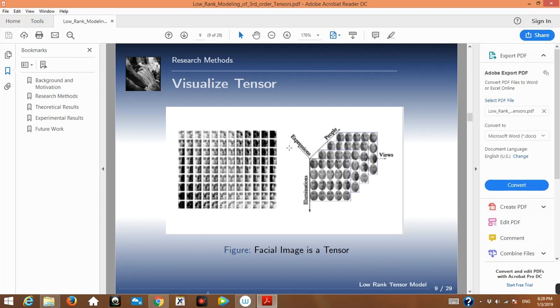And for facial images, because they have several features, for example, one feature is expressions, one is people, one is illuminations, and one is views. So it's better to store this facial image data as a 3-dimensional tensor or even a 4-dimensional tensor.